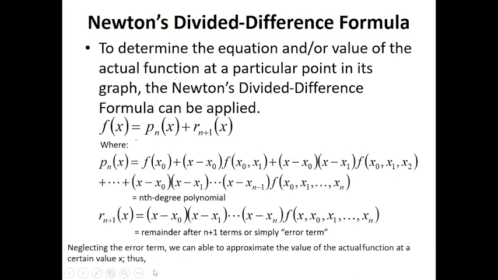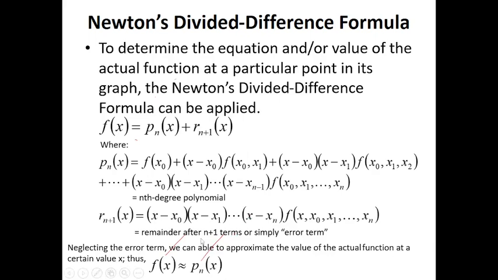So, neglecting the error term, we can approximate the value of the actual function at a certain value x. Thus, f of x is approximated as p as a function of x. So, the actual function is approximated by this p as a function of x.